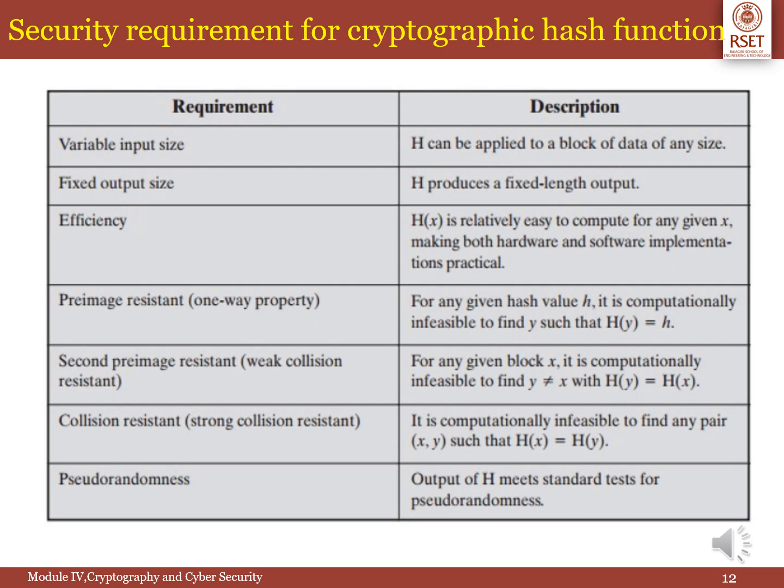The second last property is collision resistance. That is, it should be computationally infeasible to find any pair x, y such that H of x is equal to H of y. And the last one is that the output h should meet the pseudo-randomness test.